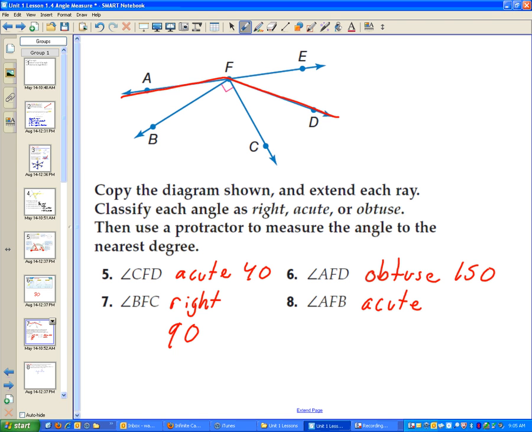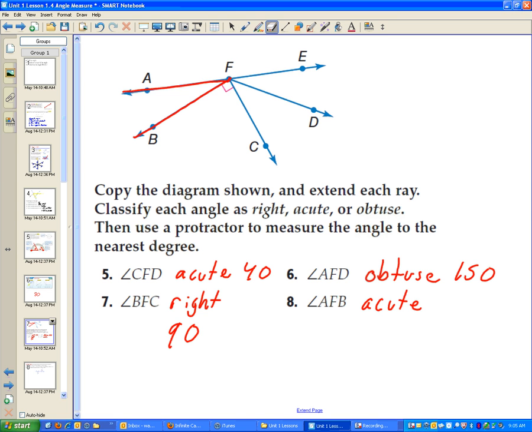We knew what the measure of the right angle was. AFB, that one's fairly narrow, so 35, 20, 25. It's fairly obviously less than 45, right? Because perpendicular to that would be something like that. Looks like less.